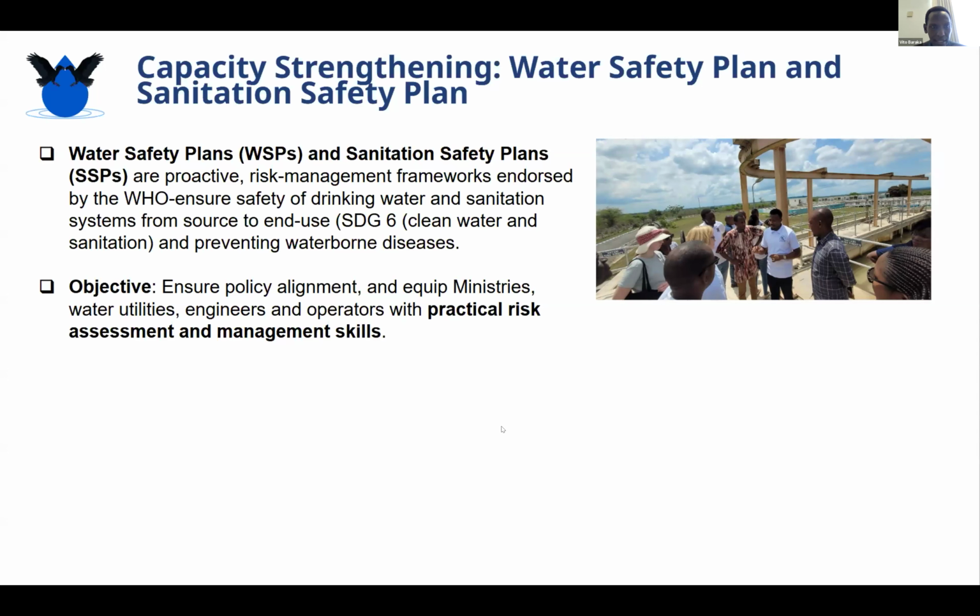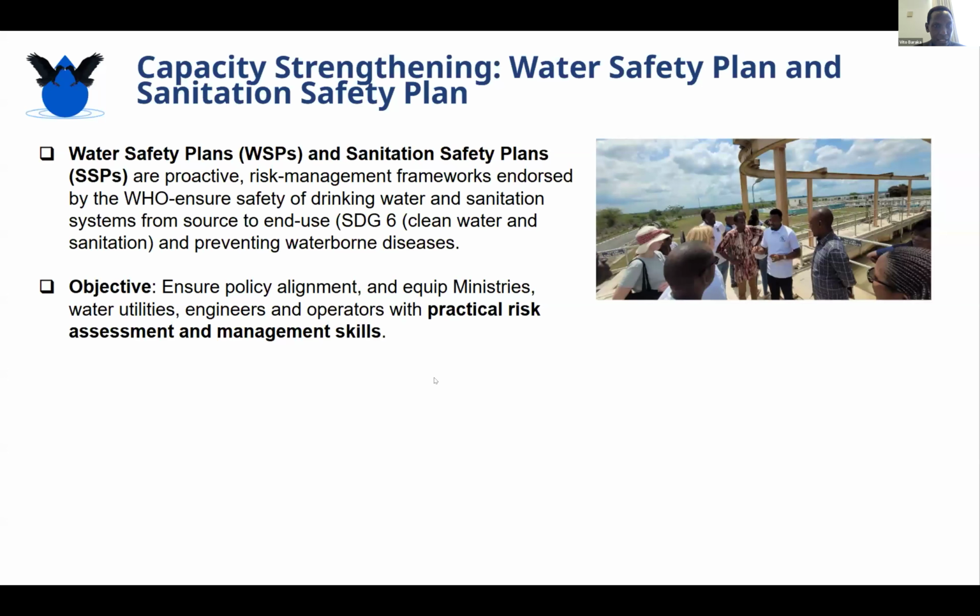What we came to realize is that some of the countries already have water safety plans, but they are not implemented with the utilities at the local level. And we were helping to build capacity for the utilities to be able to develop their own water safety plans.